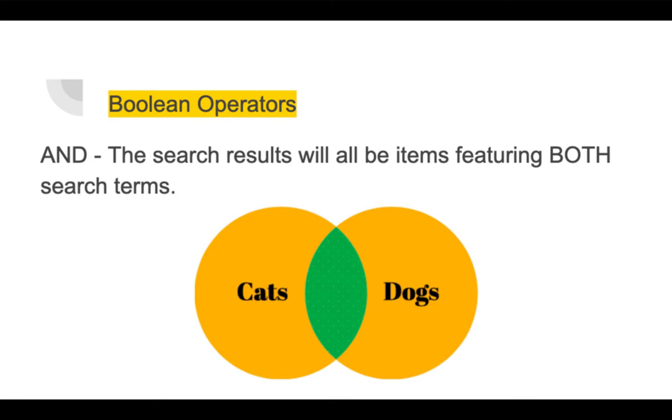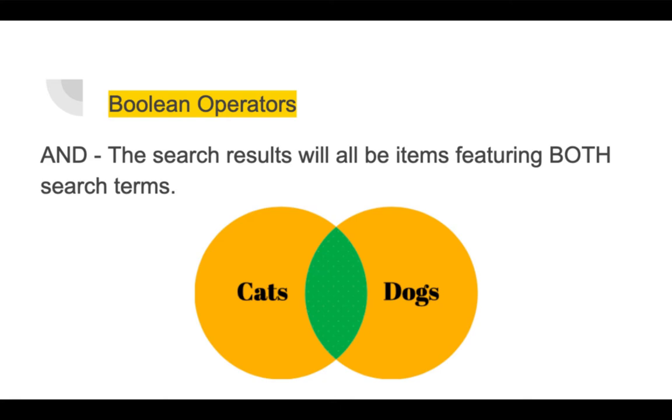So as seen in this Venn diagram, if I ran a search cats and dogs, I would only get results that talked about both cats and dogs. I wouldn't get any results that talked about cats without talking about dogs, and I wouldn't get any results that talked about dogs without talking about cats.